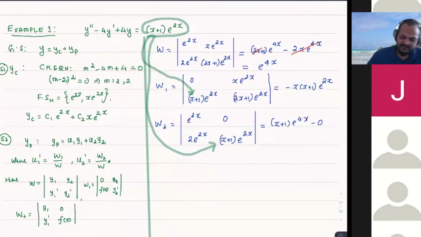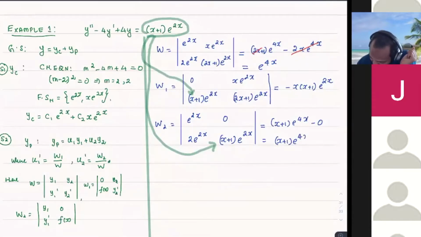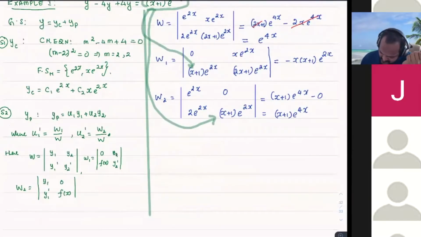Excuse the interruptions. All right, so now if I simplify this, you would agree that this is going to be x plus 1 e to the 4x. I think now we are all ready. This is actually a very simple one.